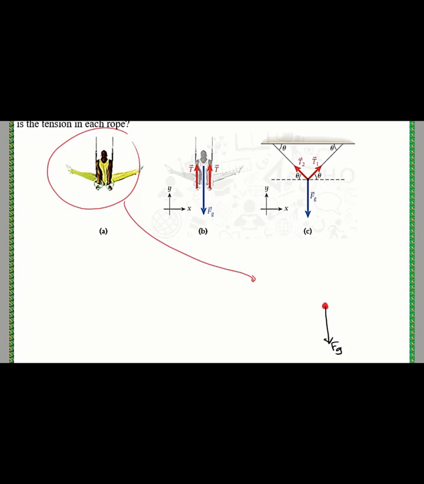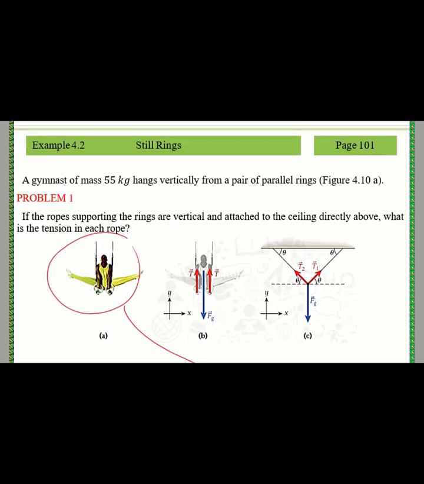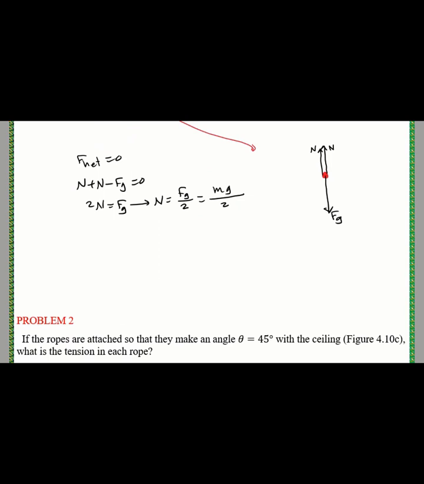Then, as a reaction, the ring will push it up, N, and the other ring will push up with the same force, N. Since it is equilibrium, F net equals 0, N plus N minus Fg equals 0, so 2N equals Fg, and N equals Fg over 2, which is mg over 2.